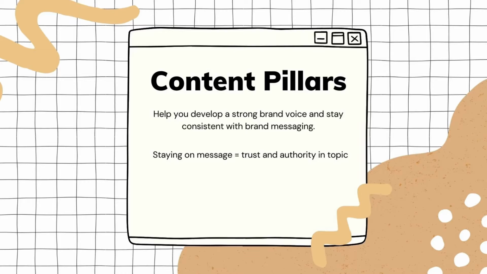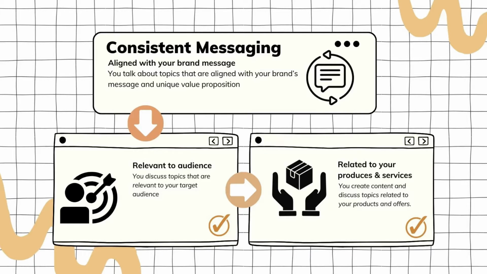So why would you want to identify your content pillars? One of the main reasons you want to identify your content pillars is because it helps you really develop a strong brand voice and it helps you stay consistent with your brand's messaging. Content pillars are really helpful because they give you the clarity that you need to ensure that you're staying on message, that you're talking about topics that are relevant to your target audience, and that you're also creating content around topics that complement your products, your services, and that complement your overall marketing and business goals.